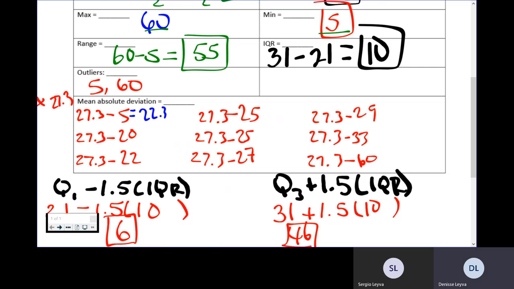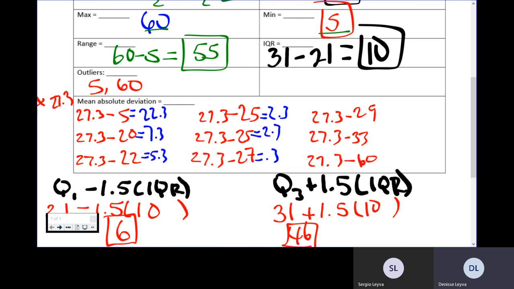And then minus 20, that's going to give me 7.3. This is going to give me 5.3. 25 minus 25 would be 2.3. Notice how I have it twice. I'm just going to write it down again, 2.3. And then minus 27 would be 0.3.